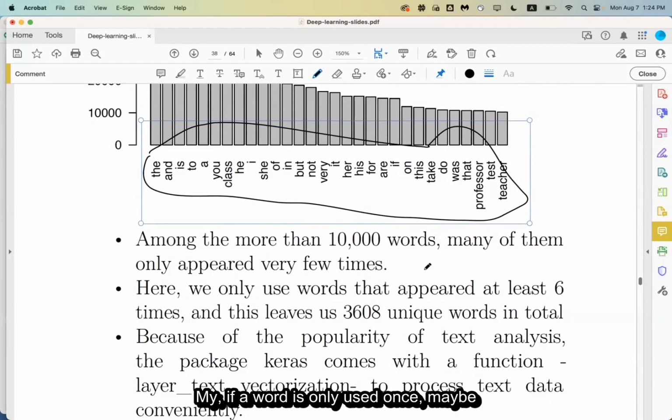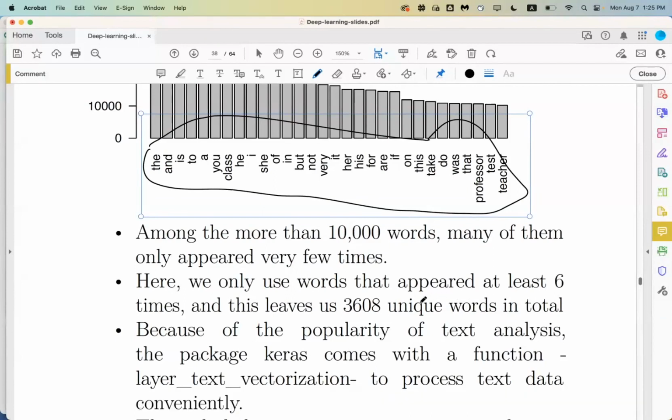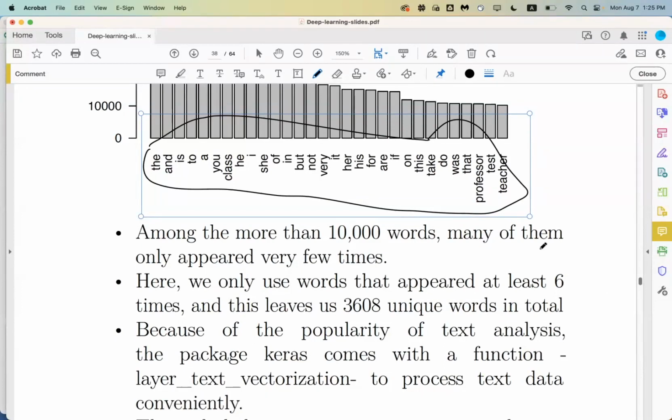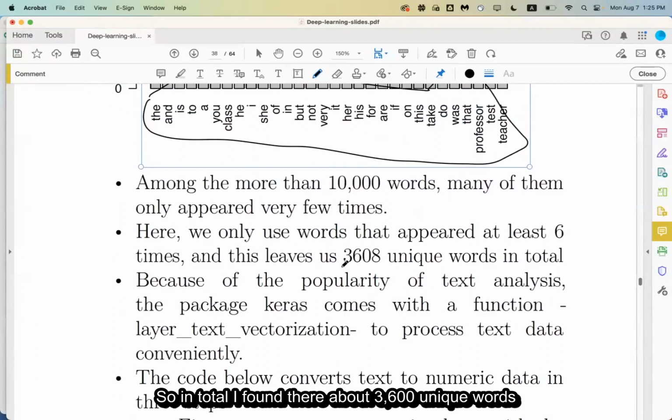If a word is only used once, maybe it's not of interest to us. Therefore, in this data analysis, I only use the words that were used at least 6 times. In total, I found there are about 3,600 unique words that are used at least 6 times.